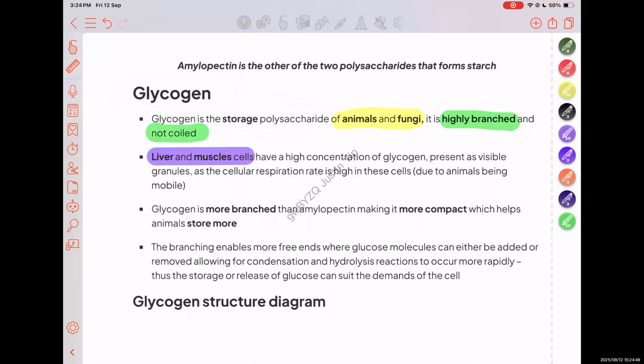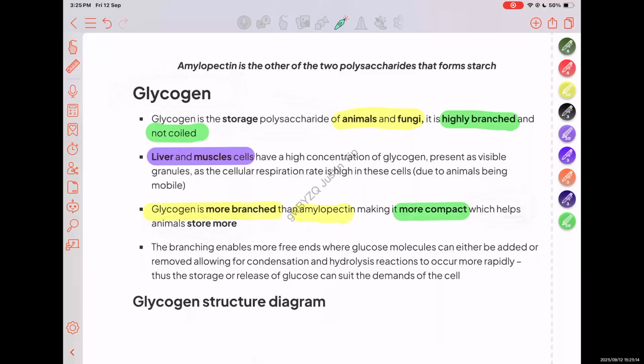Your glycogen is actually more branched than your amylopectin, making it more compact, which helps your animals store more. Why? Because animals sometimes sleep during the winter season, right? So during that time, they will eat and store the food.